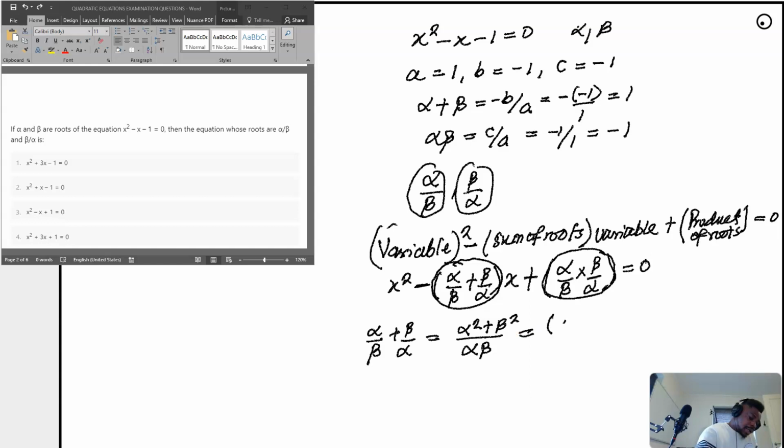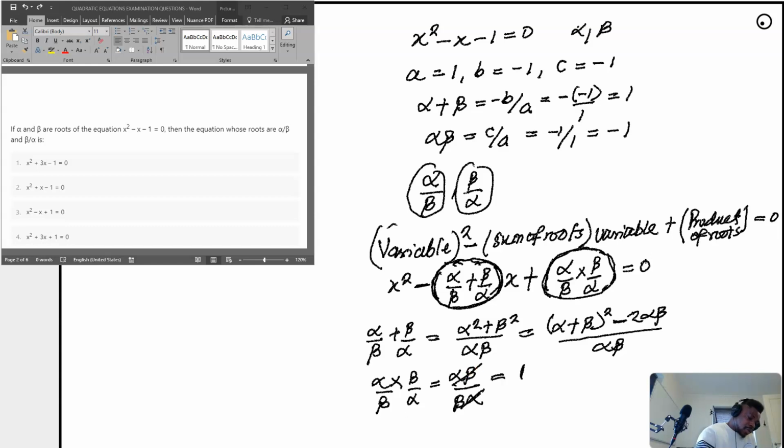And this is alpha plus beta all squared minus 2 alpha beta all over alpha beta. That is for this. Then for this, which is the product, so alpha times beta over alpha. So this will be alpha beta over beta alpha, which is still the same thing. So we cancel this one, so that will be 1.